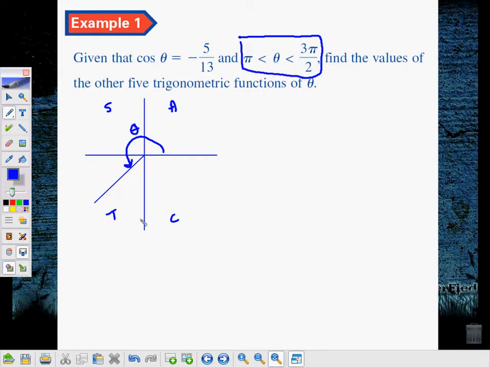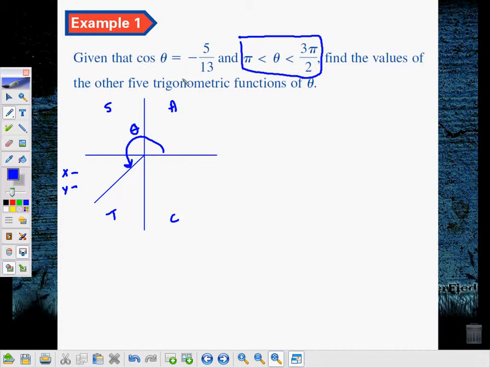We can also think that in this quadrant, the x values are negative and the y values are negative, thus giving me cosine being negative, sine being negative, and tangent being the quotient of y divided by x, so negative divided by negative, it would come out positive. So tangent is the only thing down here that's positive. So let's keep that in mind. Okay?